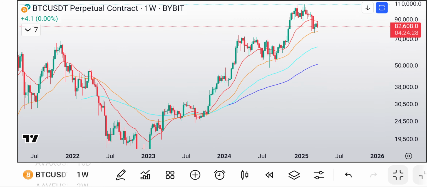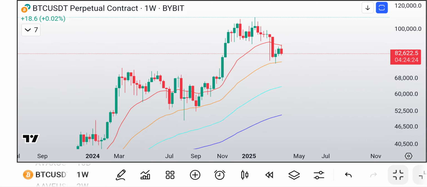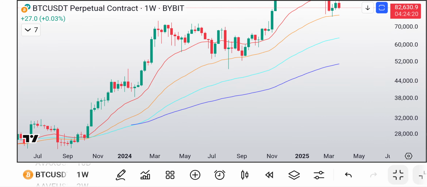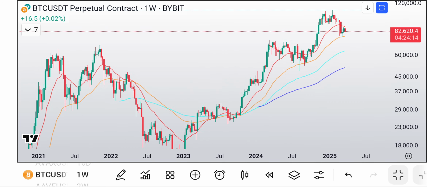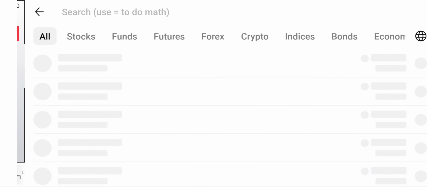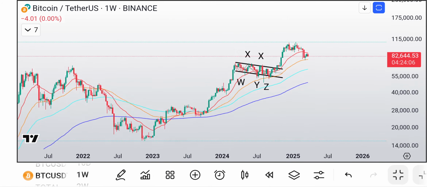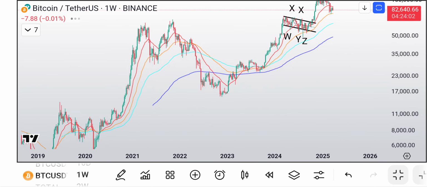So yeah, we're bouncing off nicely on the 50. It used to be that we would always bounce off the 20, but I think as the market grows and gets bigger and bigger, it's more likely going to be delayed, diminishing returns, meaning you're going to get a longer correction.